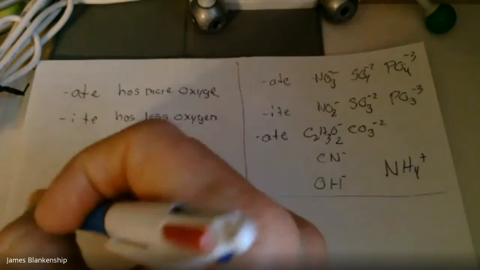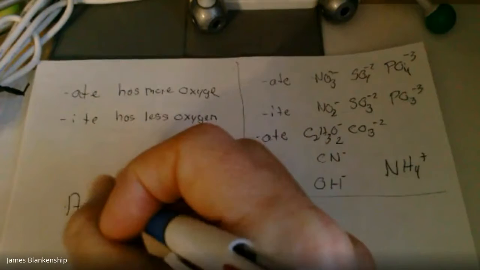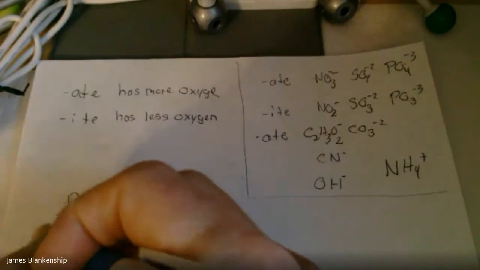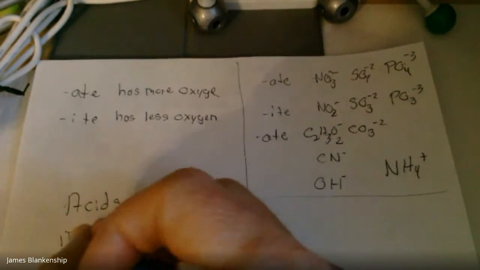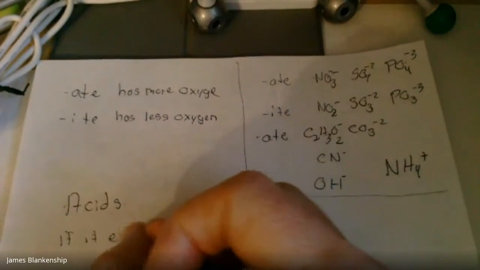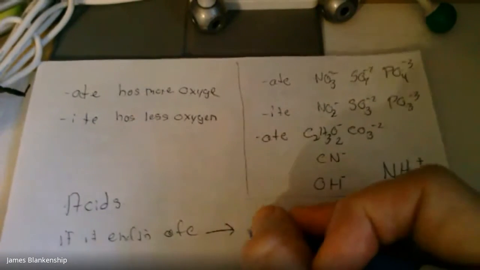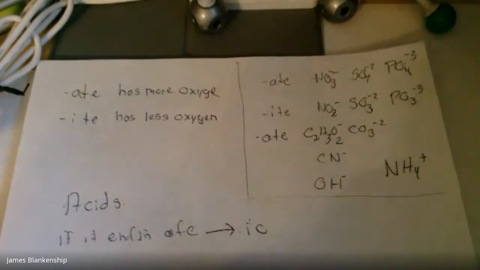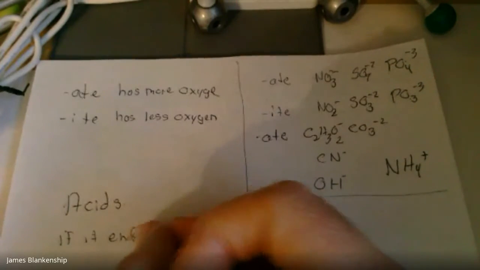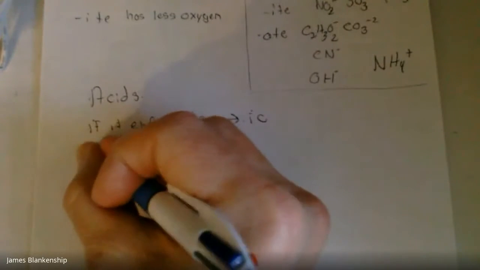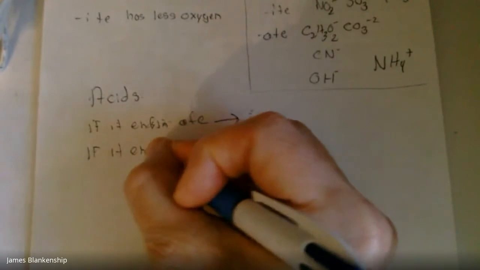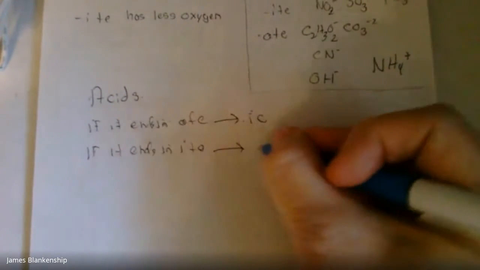So now let's talk about acids. If it ends in ATE, it's going to become ic. If it ends in ITE, it's going to become OUS.